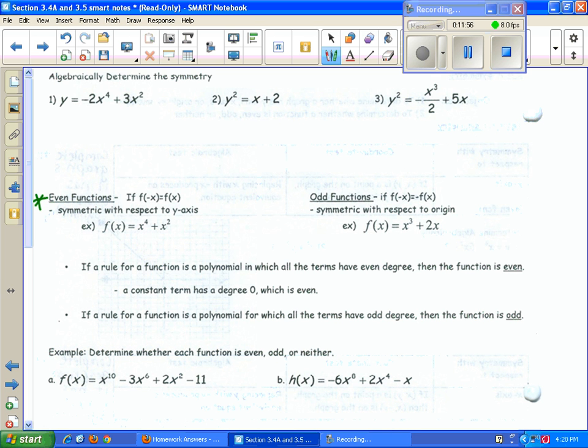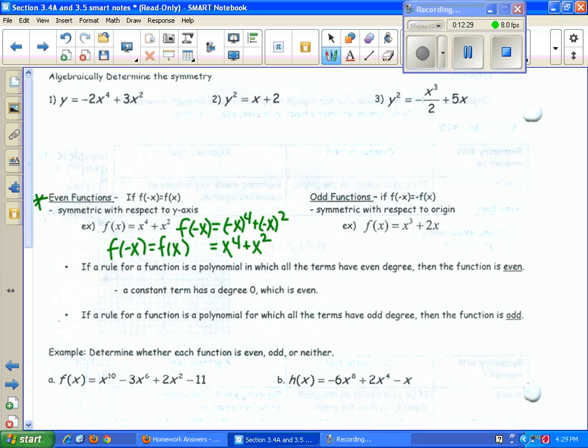For example, if we have f of x is equal to x to the fourth power plus x squared, and I replace x with negative x and get the same thing out, which in this case I would, because they're even powers, since f of negative x equals our original function, therefore we would have y-axis symmetry, and it would be an even function.